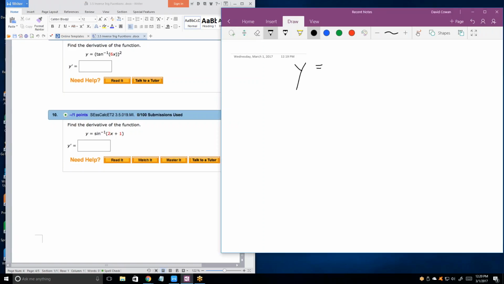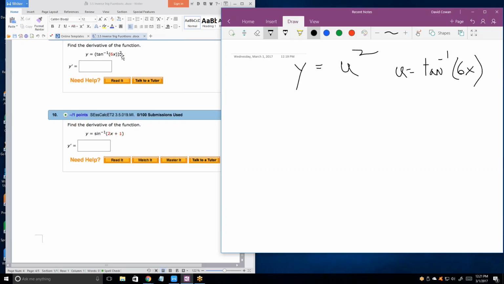So the first u is going to be everything in the outside parenthesis. So what is u equal to? Is it inverse tan of 6x? Inverse tan of 6x. That's u. Okay, and that's how I can say that this y equals u squared.